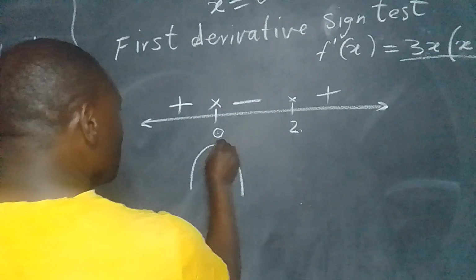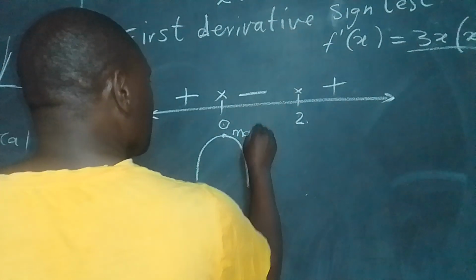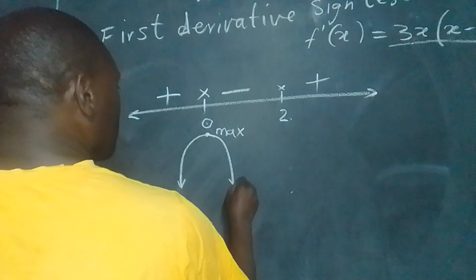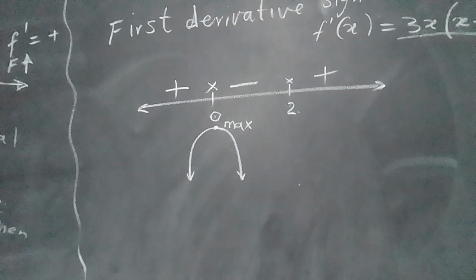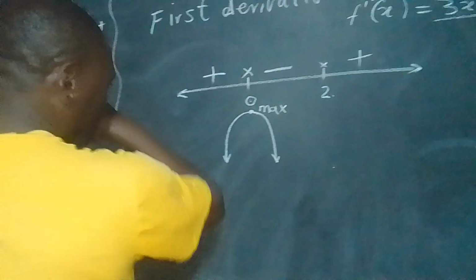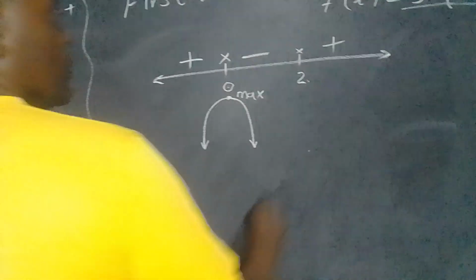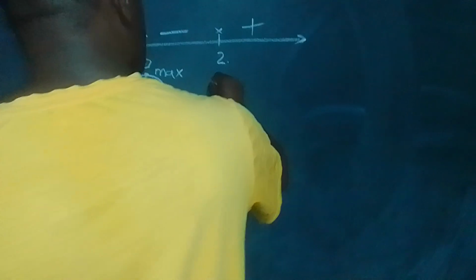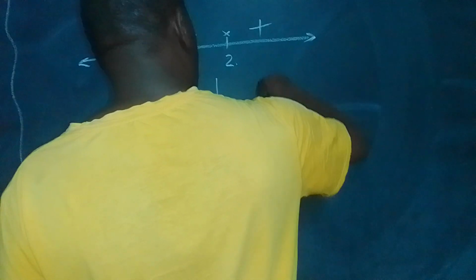We have a max, a maximum local point, here from negative to positive, it's facing upwards.